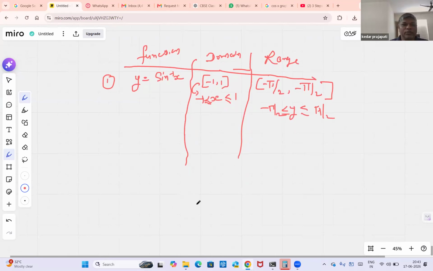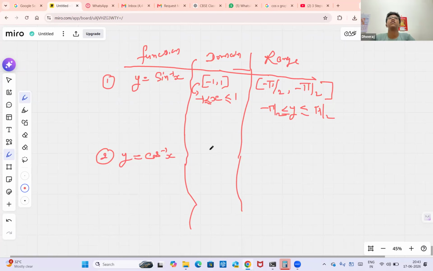Now, we also learned about cos inverse x. Y equal to cos inverse x. What did we learn about the domain? Domain is the same, minus 1 to plus 1, or minus 1 to 1.